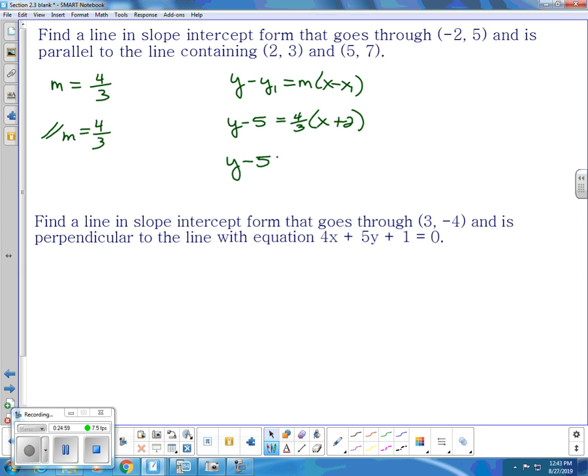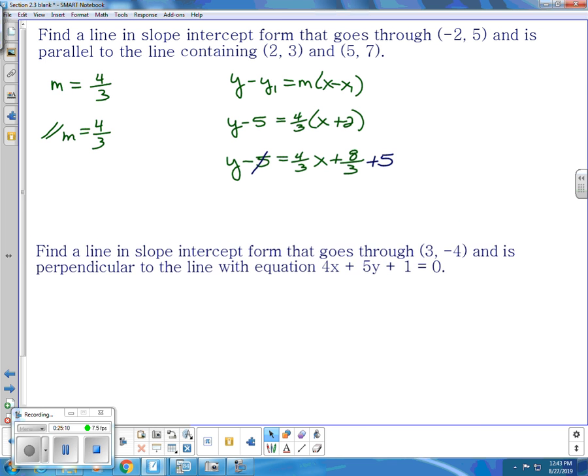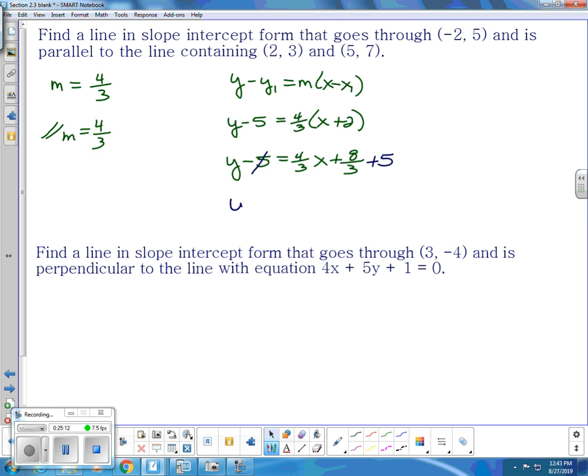So the same steps. All they're adding is the parallel part there. Okay. We're okay.